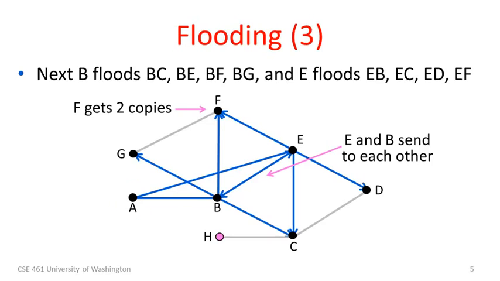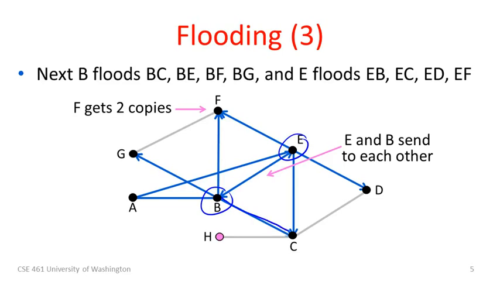What happens next? So our message reached both B and E. So let me just circle the nodes which were reached. Both of these nodes should now flood. Let's look at B. B received the message from A, so flooding means it should send it on all of the other links.